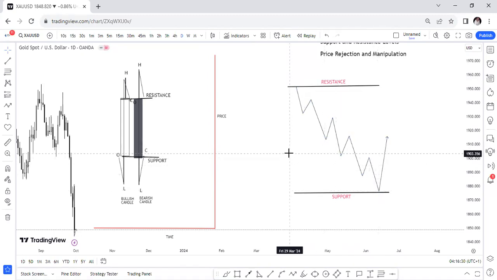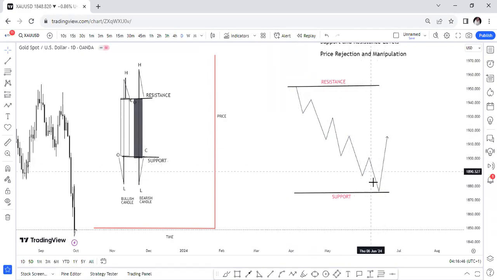The philosophy of the market is to do what? For you to be in consistent profit, you must buy low and sell high. That is the philosophy of the transaction in this market.